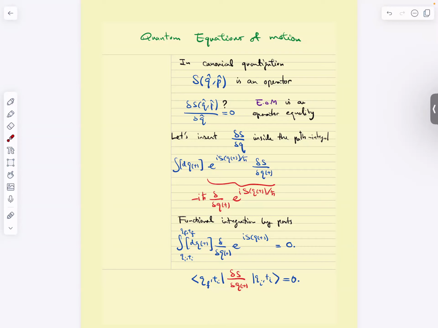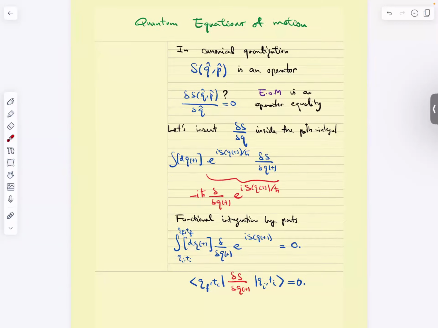Now, what are these delta q of t's? These are variations in my path, right? So here is q_i, and q_f at t_f. If I vary with respect to paths that don't change the endpoints, as I want to do inside the path integral, what is the value of this derivative? Zero.